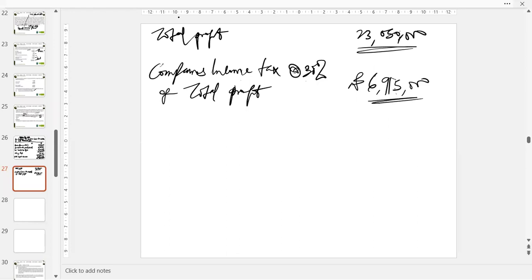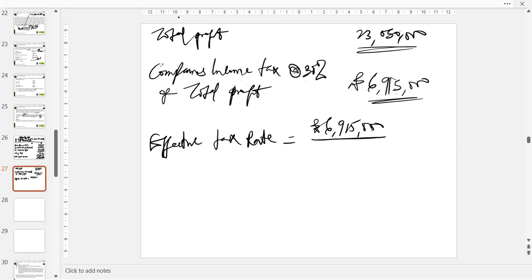So what is the effective tax rate? The effective tax rate is 6,915,000 divided by 23,050,000 multiplied by 100%.